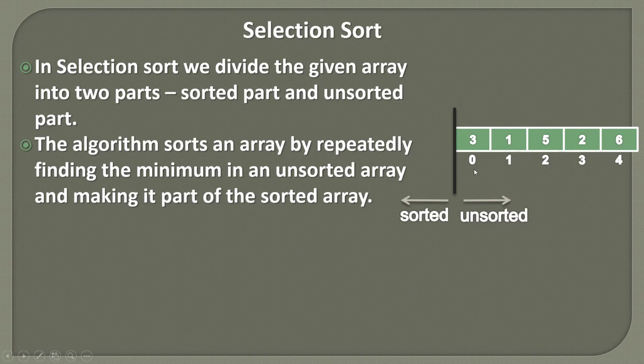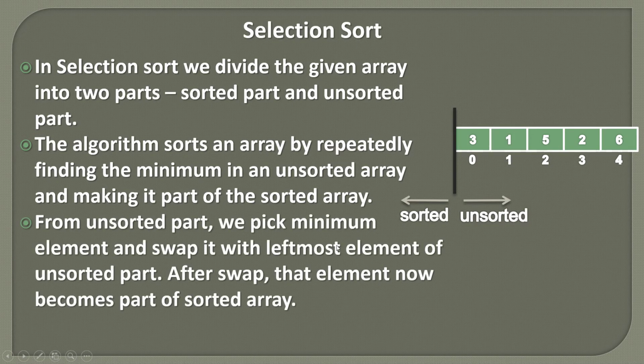So for example, here you can see, when we pick the minimum element and swap it with the leftmost element of the unsorted part, which is this boundary, after the swap, the element becomes part of the sorted array. So for example, among these 5 elements, if we find the minimum element, we can see that 1 is the minimum element.